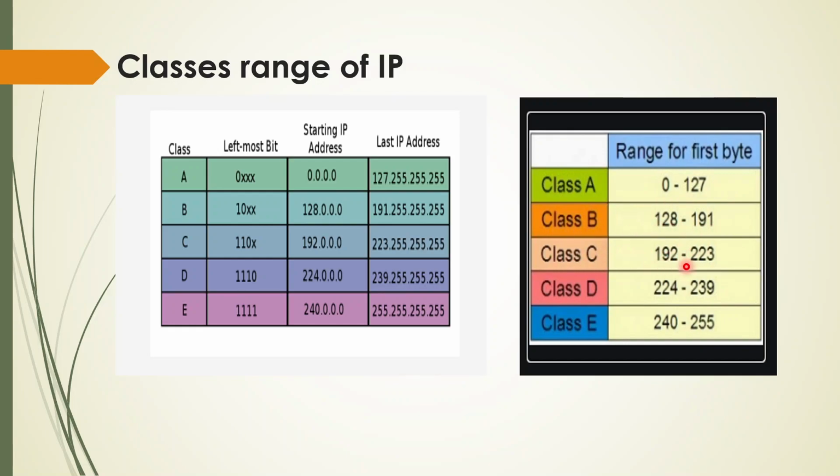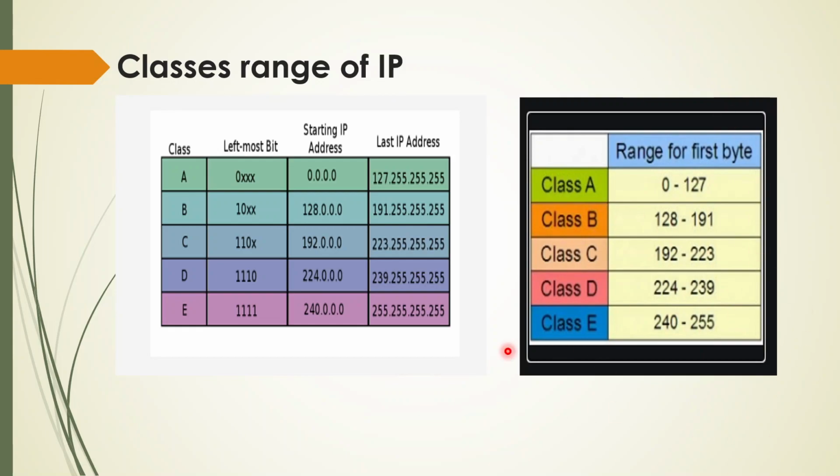For class C, 192 to 223. For class D, 224 to 239, and for class E, 240 to 255. So remember this diagram properly.